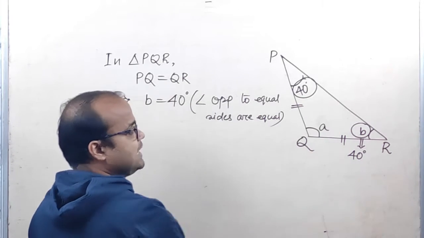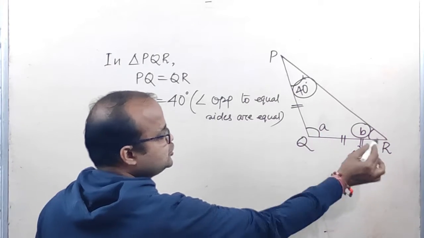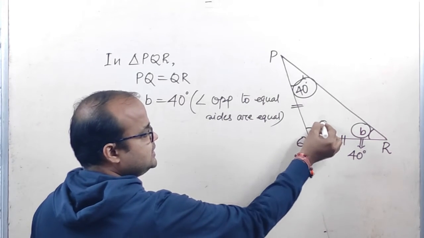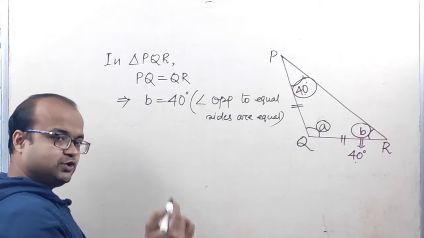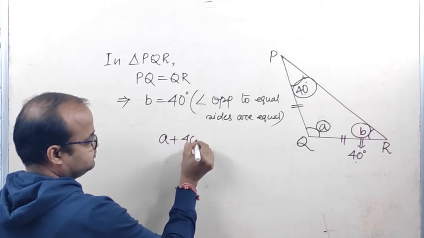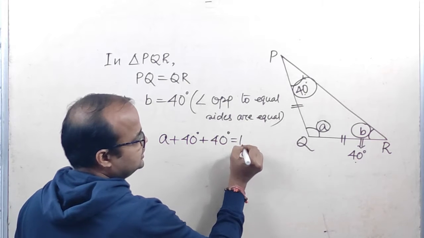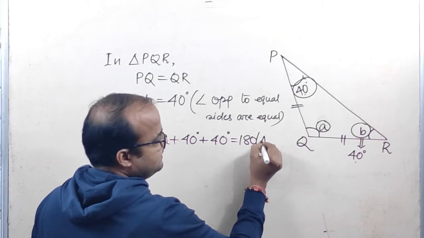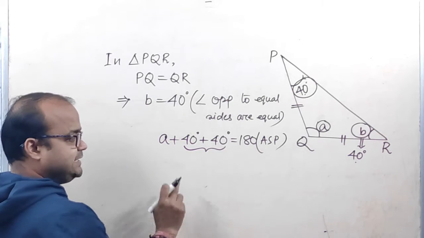Then we are going to apply the angle sum property in triangle PQR. So we can say that A plus 40 plus 40 equals 180 degree, angle sum property. So 40 plus 40 is 80 degree.